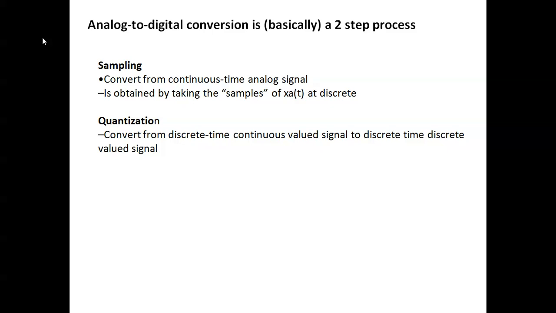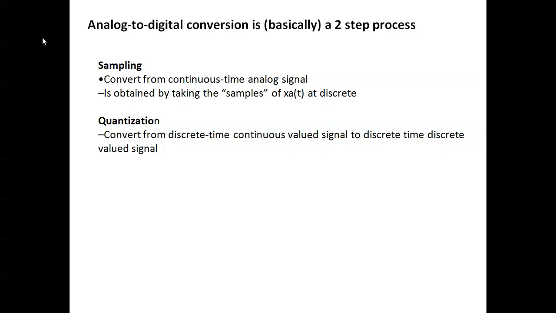First, step one is sampling. Step two is quantization. Sampling and quantization is the fifth unit title.